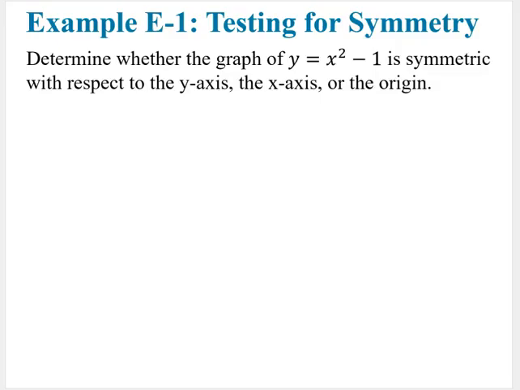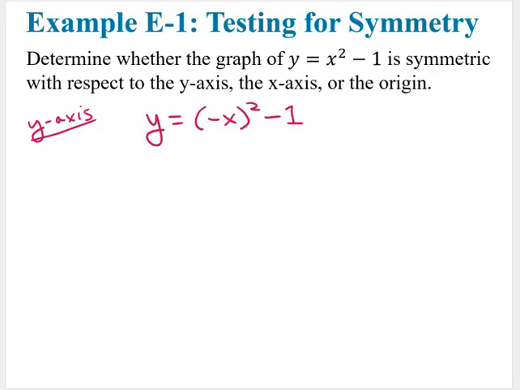All right, so here we have this graph y equals x squared minus 1, and I want to know, is that symmetric with respect to the y-axis, the x-axis, or the origin? Okay, so we're going to test each one individually. This is how you test the y-axis. If you're testing the y-axis, you're going to take that function and you're going to plug in a negative for x.